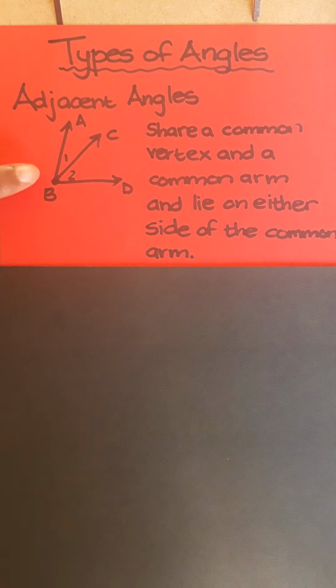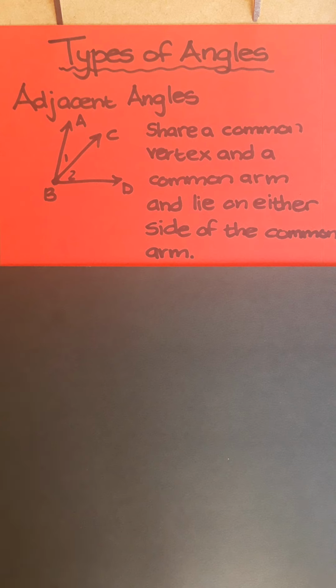In a previous lesson we learned that B is the vertex, the point where all three of those rays are being drawn from. Now if you look clearly at this diagram, you will notice that two angles have been formed, B1 and B2.